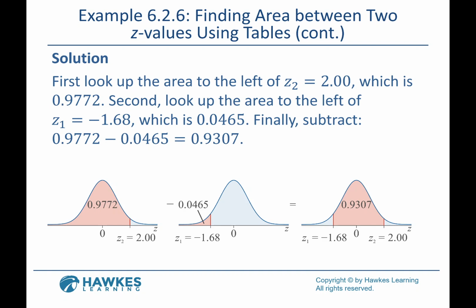No matter how small your house is, you don't have a negative square footage house. You can't have a negative 1,500 square foot house. Area is always 0 or bigger. So that's got to come out positive.